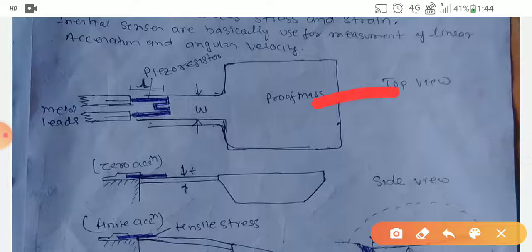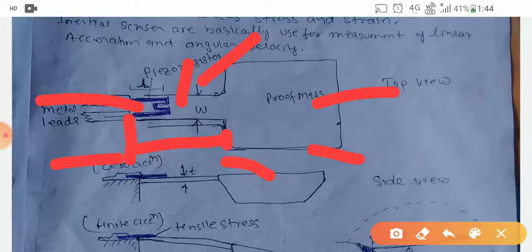Here is a proof mass and a bridge kind of structure, which I already discussed. This bridge-like structure has two supports, one on the left and another on the right-hand side, and in between there is a thin plate.